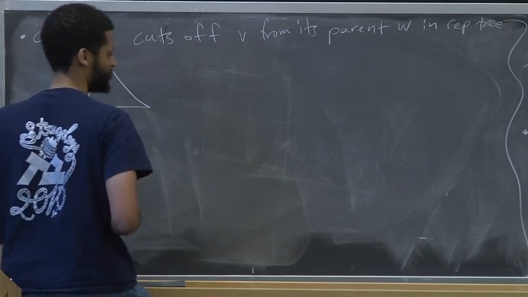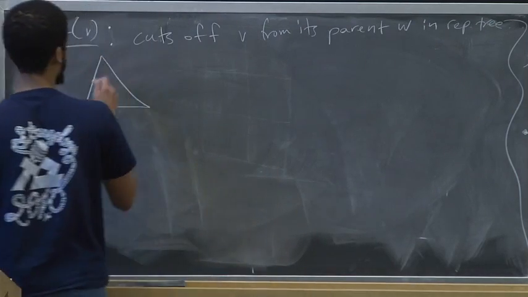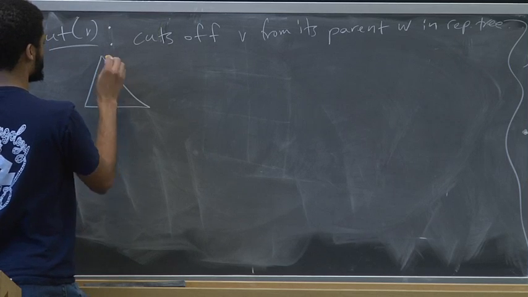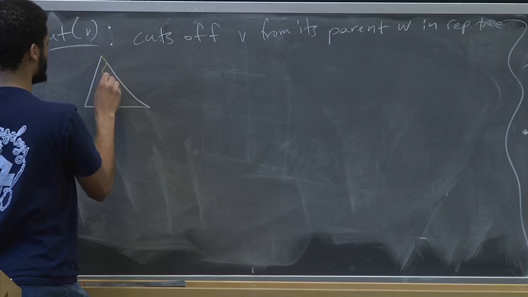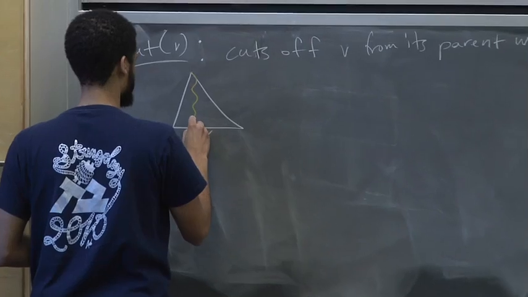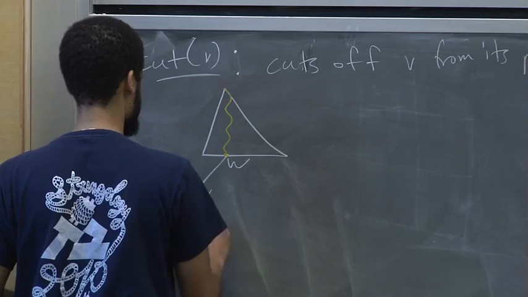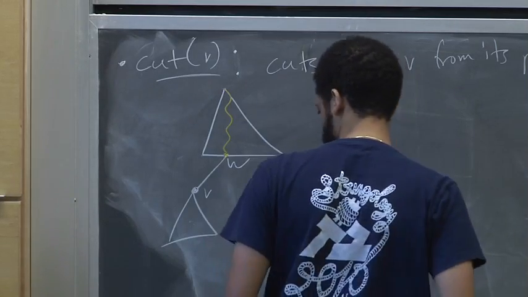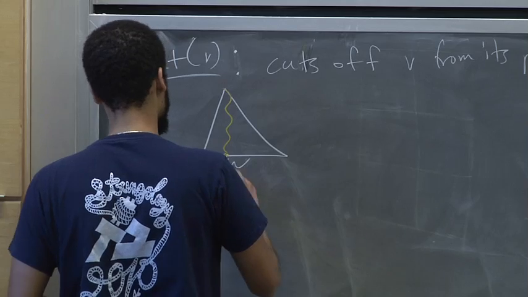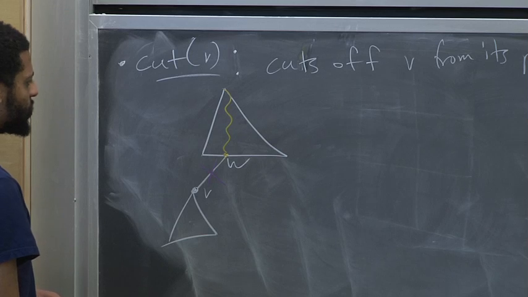Okay, so that's W. V is hanging off. It used to hang off here, and V has a subtree, and then we cut that off.